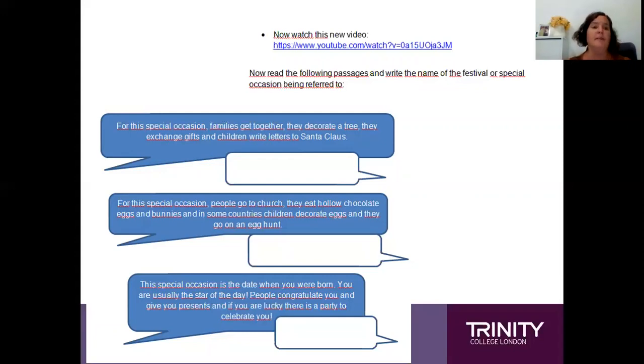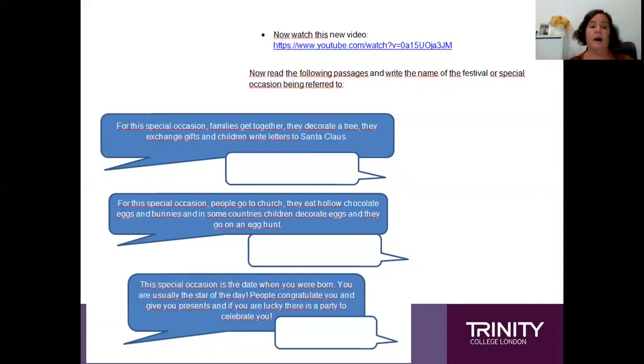So for example, in the first one it says, for this special occasion, families get together, they decorate a tree, they exchange gifts, and children write letters to Santa Claus, and students have to write the celebration being referred to is Christmas.